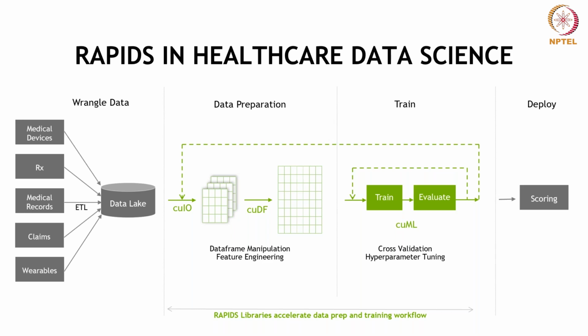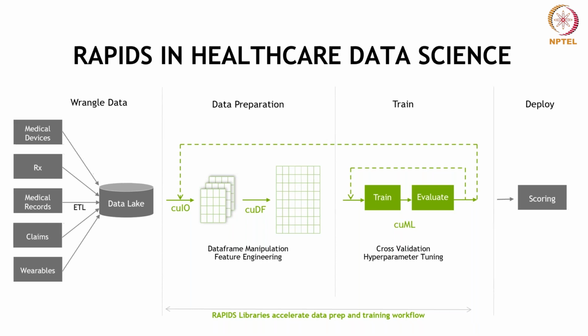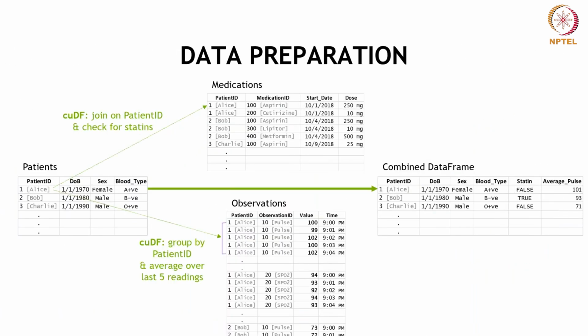So in the Rapids library, there are different modules present inside it, and each and every module is responsible for its own task. As I said, ODF is basically responsible for data preparation. You can see here as an example, there is a patient and the patient has certain features attached to them, date of birth, blood type and so on.